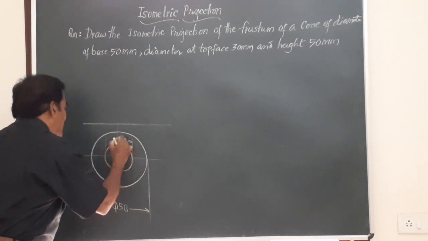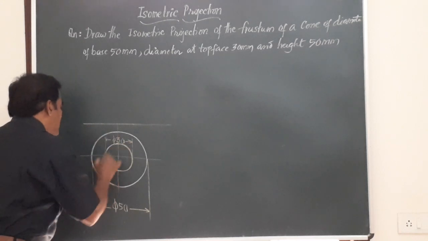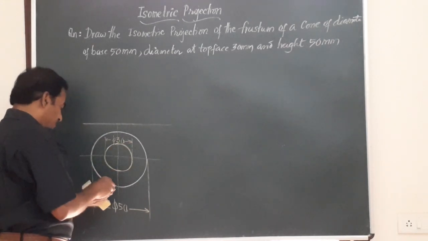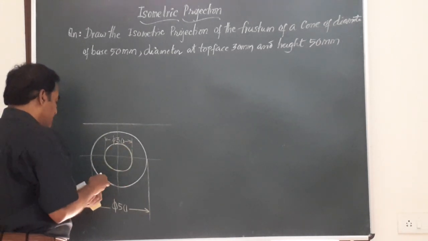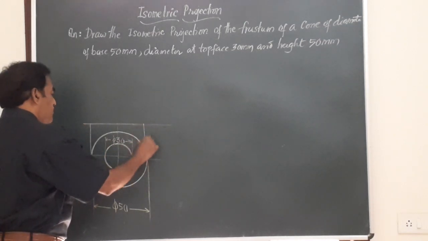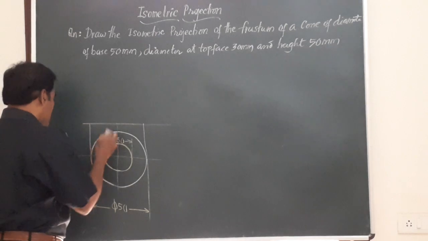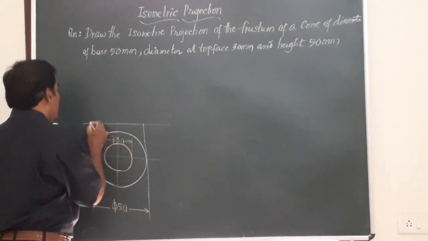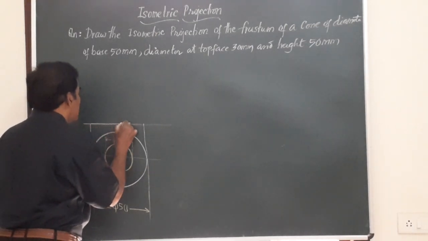In the front view, the base will be a line on xy of length equal to 50 mm.